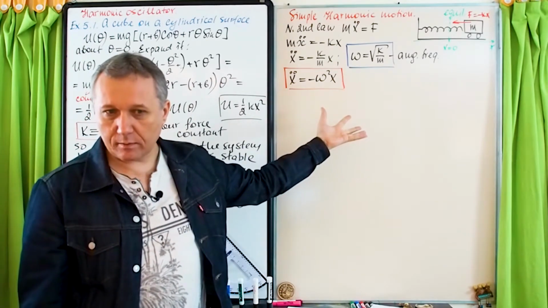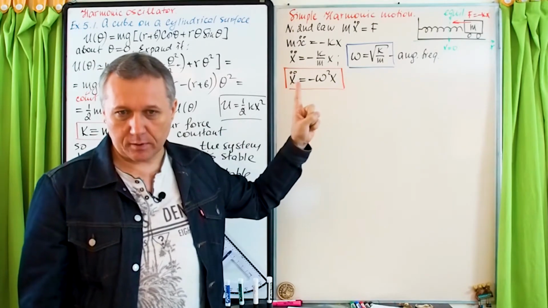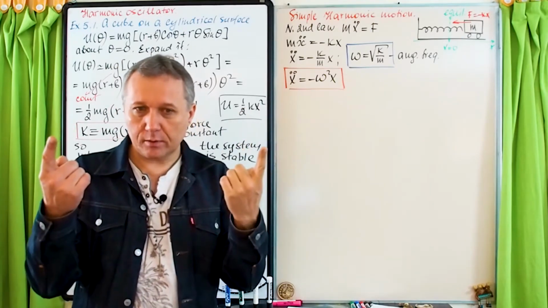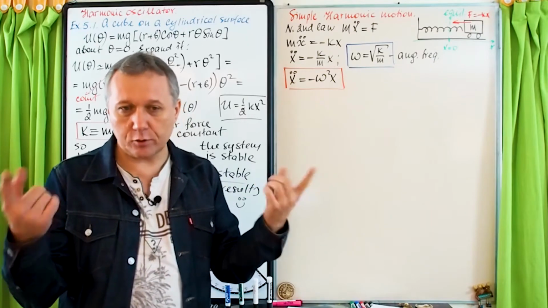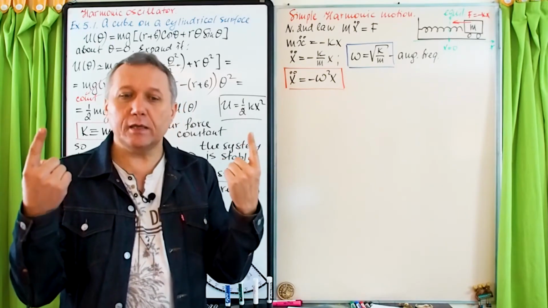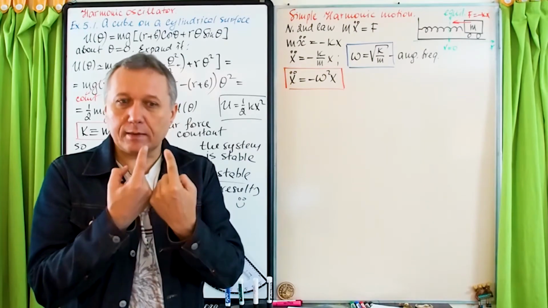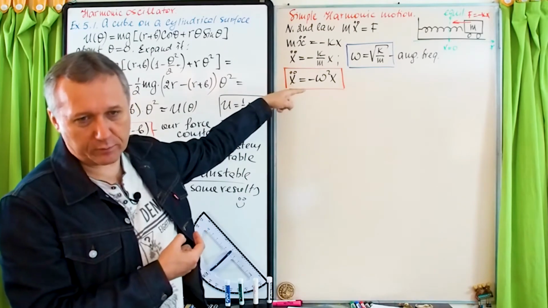What does it mean, linear differential equation? Linear means if you have, let's say, two solutions of this differential equation, and you create a linear combination of these two solutions, that linear combination will also be a solution of this equation.